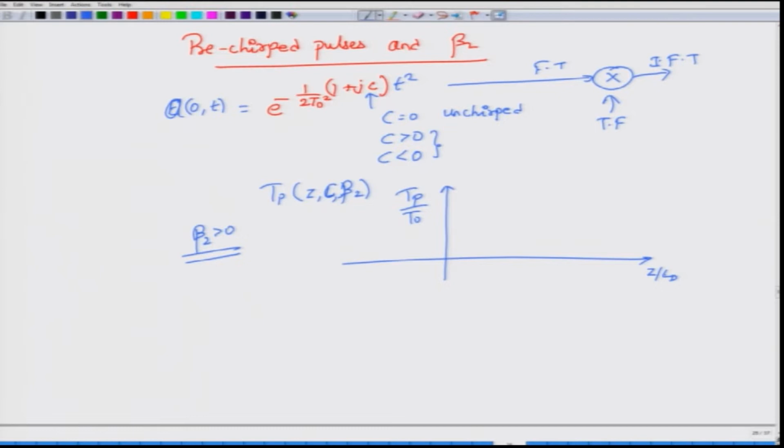So, many dispersion lengths have to be allowed so that these effects become more pronounced. In the case when c is equal to 0, the pulse width increases linearly. This is the case when an initially unchirped pulse is launched; its pulse width Tp continues to increase linearly with respect to the propagation distance.